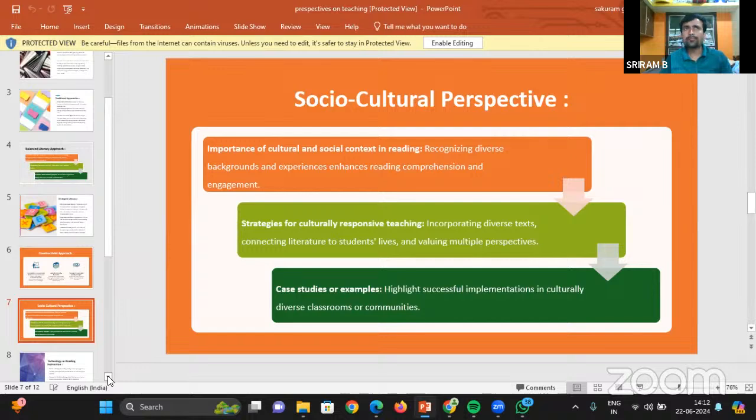That's great, Pratusha. But can anybody try something more? Implementation in culturally diverse classrooms or communities.